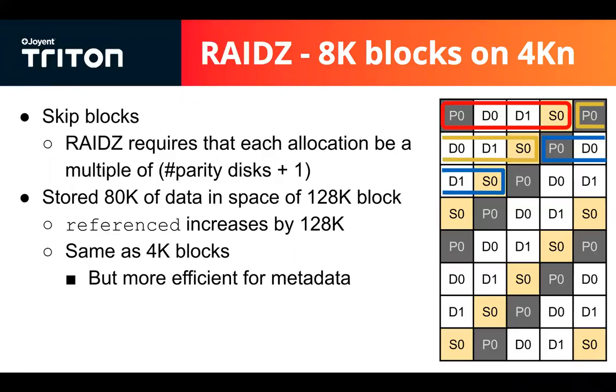So we add a skip block. And so you'll notice here with 8K that we wind up using the same amount of physical disk space to store 8K as we did at 4K, because now we're allocating a skip block, or really a skip sector in the terms that we're using here. In the ZFS code, you'll see it as skip block.